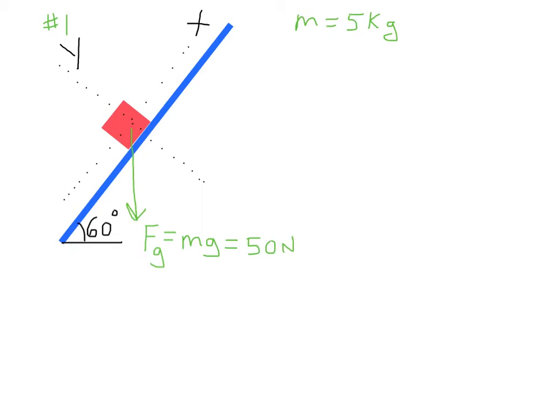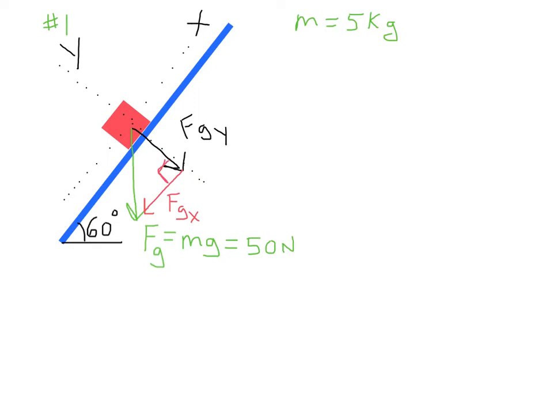So what I'm going to do is draw this, which is my force of gravity in the y direction, and I will draw this, which is my force of gravity in the x direction. These two are perpendicular, so they're 90 degrees apart.